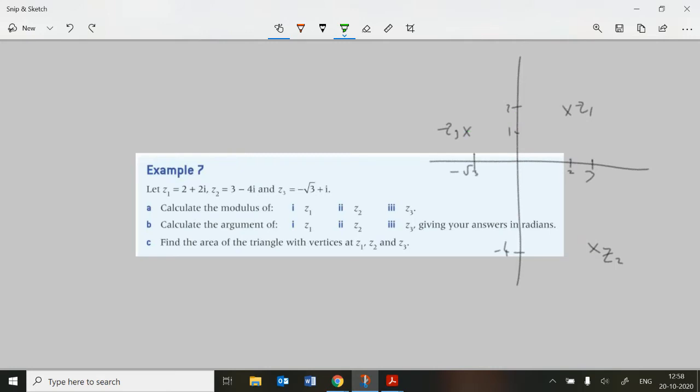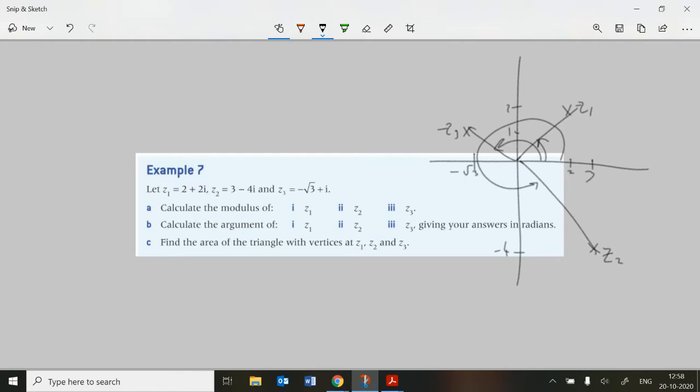It's not going to matter if you do that on a regular coordinate grid or on the Argand diagram, in fact. Okay, now in order to do this, we've already worked out this length, and this length here, and we've worked out this angle, and this angle, and this angle here.